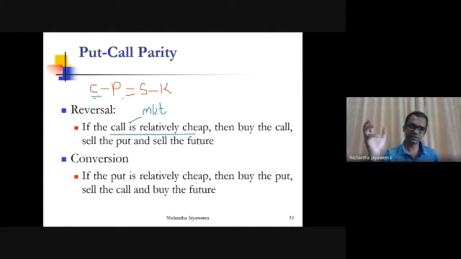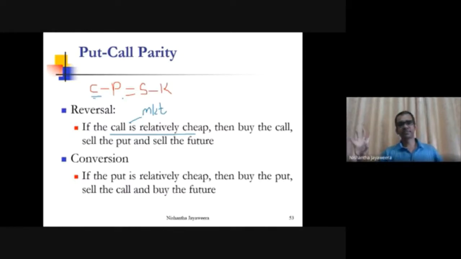You go to the market and buy the call option, then synthetically create a short position on the same call. To do that, you sell the put, sell the future, then you get a cash flow and invest it for the remaining maturity. But here, we don't consider that one.